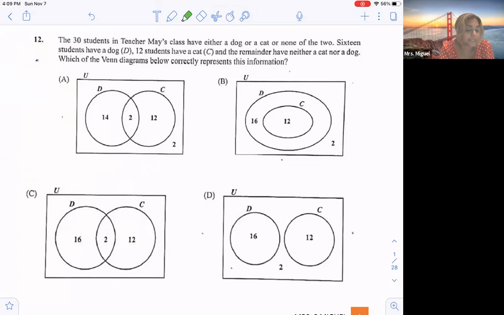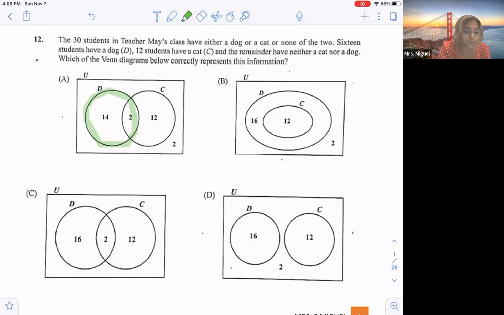So they say 16 students have a dog or a cat or none of the two. In my Venn diagram in A, the circle representing dog has 16. So that circle is made up of 14 plus 2, which is 16. So we can keep that option.